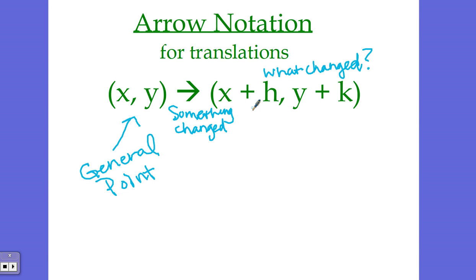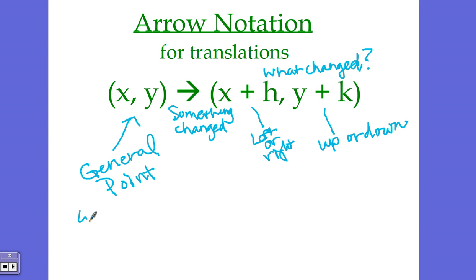Okay, x values go left or right. And we added or subtracted from our y values, telling us whether we went up or down. H and K, these two numbers right here, tell us exactly how far we went left or right and exactly how far we went up or down.